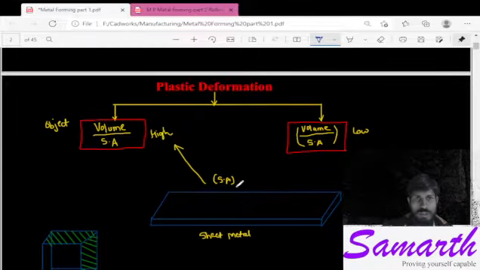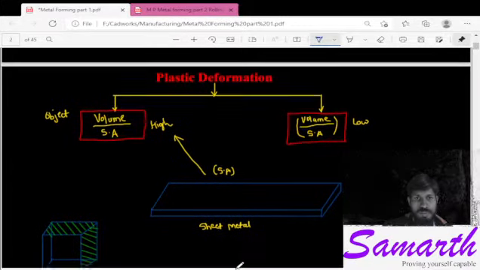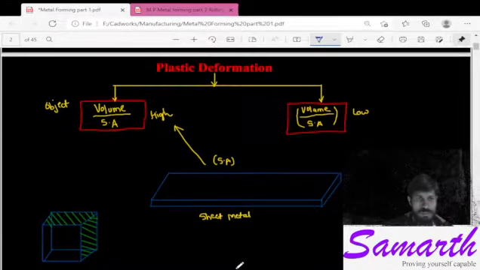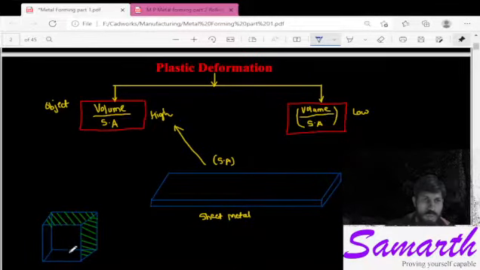Here you can see at the bottom, this is a cube. Then the volume of this particular object and the ratio of this volume to the surface area of this object itself, if it is high, then we will not call it a sheet metal.